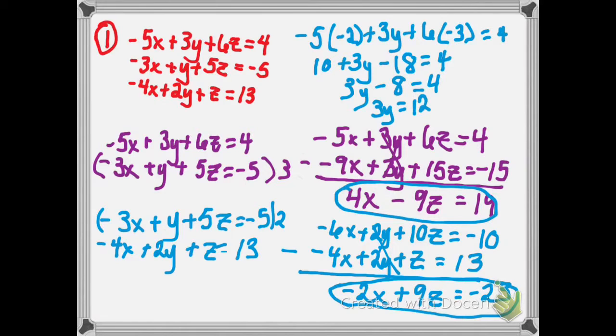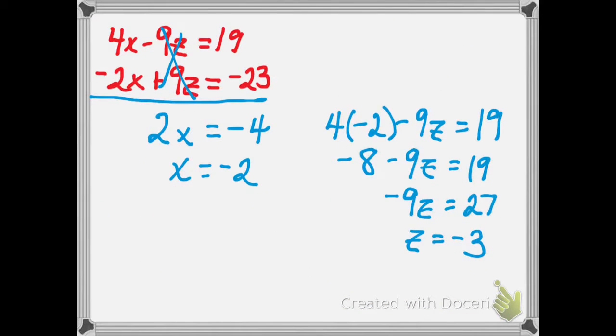So y equals 4. So now you're going to take all three of your answers, and you're going to write them as an ordered triplet. So the x goes first, then the y, and then the z.